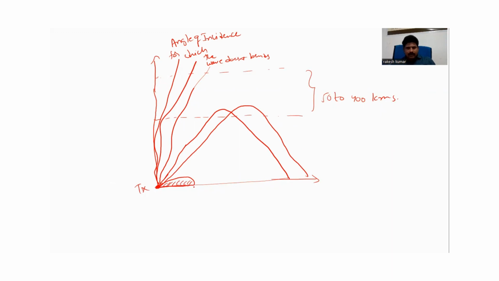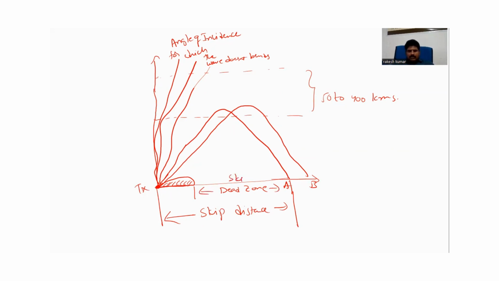From here to here, this is nothing but dead zone. And the skip distance is from here to here, where we have received. Let us consider A and B. So skip distance, and this region is called skip zone or dead zone.